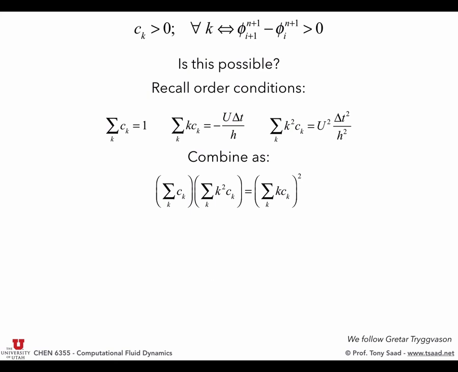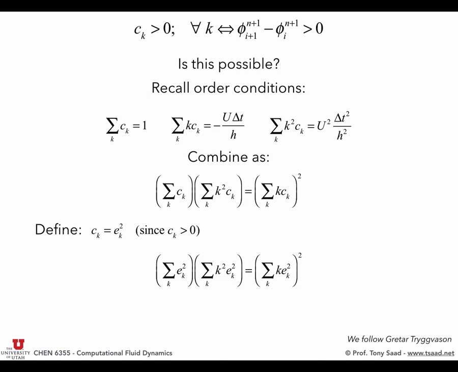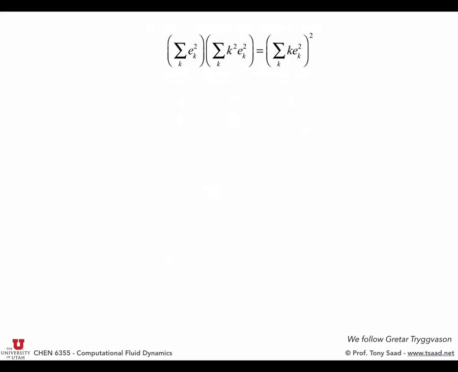Okay, so sum c_k times sum k squared c_k is equal to this guy squared, right? Okay. So it's a little bit hand wavy over here, but it's an interesting theory. It's an interesting proof. So if you define, because c_k is positive, we're going to define c_k as e_k squared and just substitute. So that gives you sum e_k squared times sum k squared e_k squared equals sum k e_k squared, squared. I'm getting to a form.